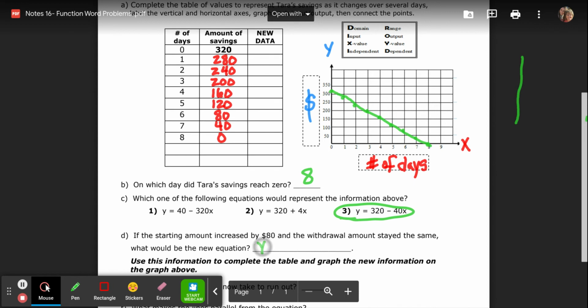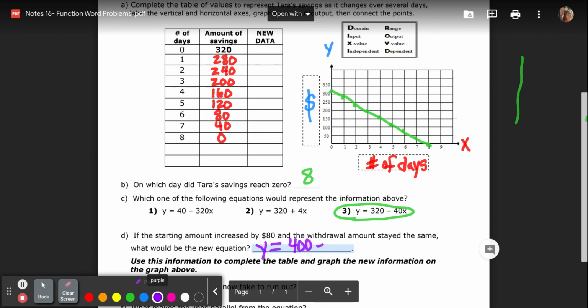Had meant to do that earlier. There we go. Okay, so it's going to be Y equals 400 minus 40x.